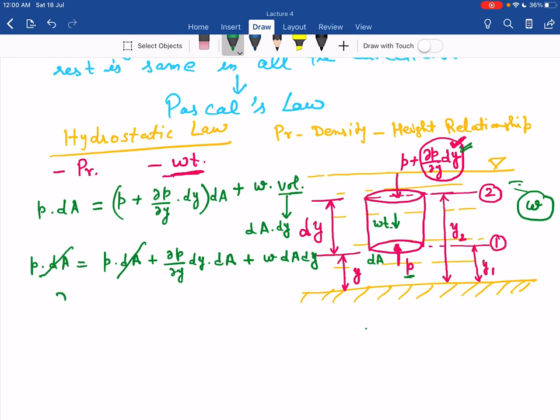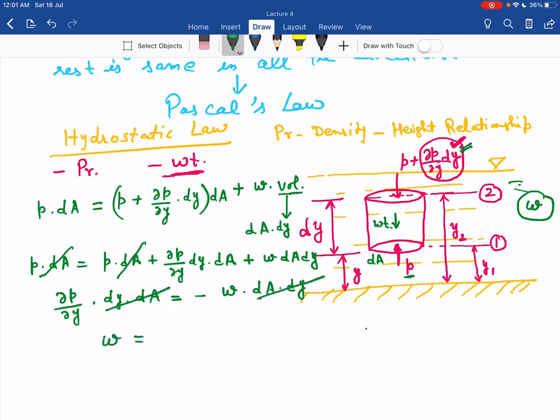So we are left with ∂P/∂y into dy into dA equal to minus W dA into dy, and dA dy cancels out.